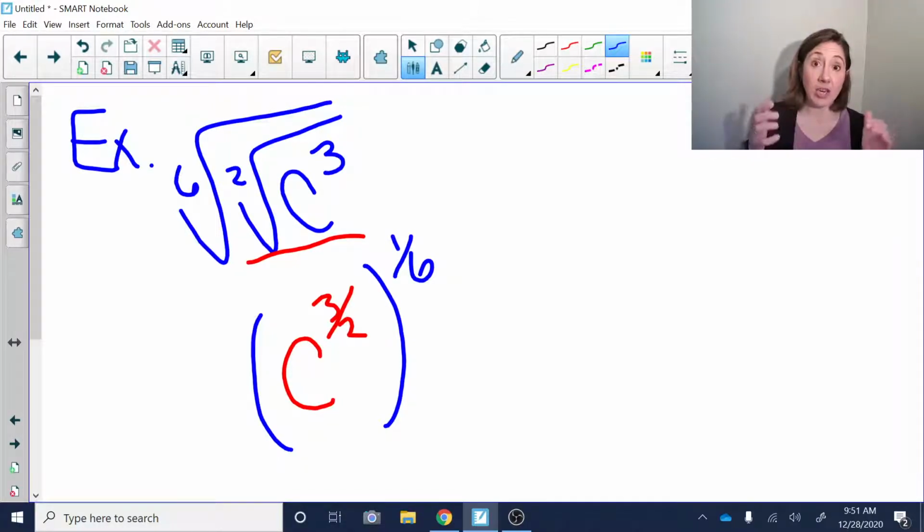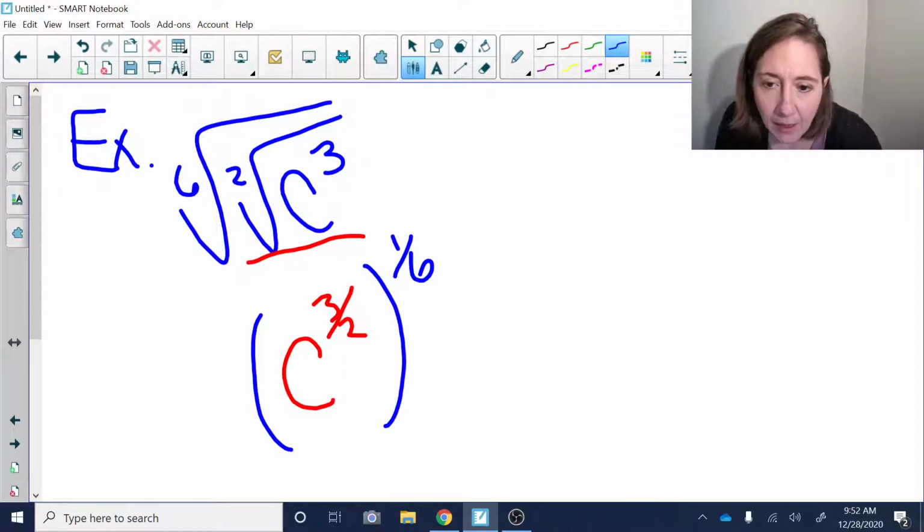Okay, so that changes both of those radicals into their fractional exponents. And so now we have exponents stacked on top of each other. A power to a power is the rule that we're having come into play here. And what do you do with the exponents in that case? Well, this is where you multiply the exponents.